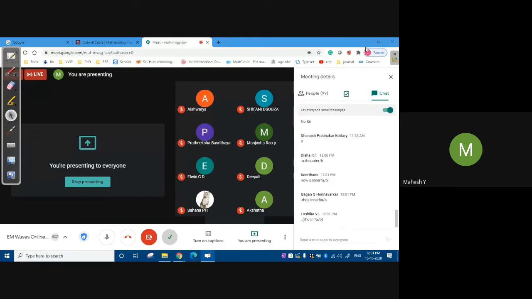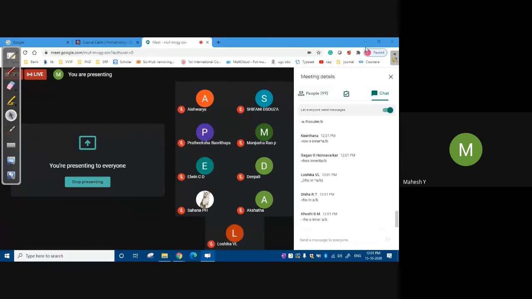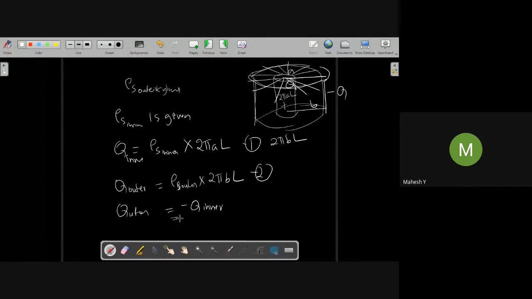Minus rho inner into A by B. Very good, very good. Correct. Okay. So rho S outer 2 pi BL is equal to rho S inner 2 pi AL. 2 pi L gets cancelled.